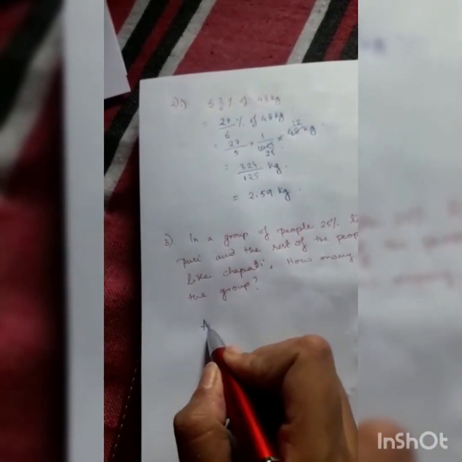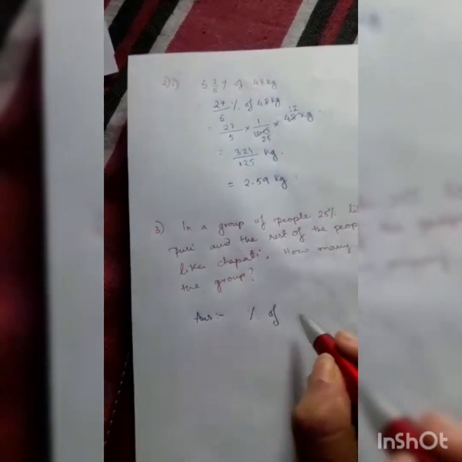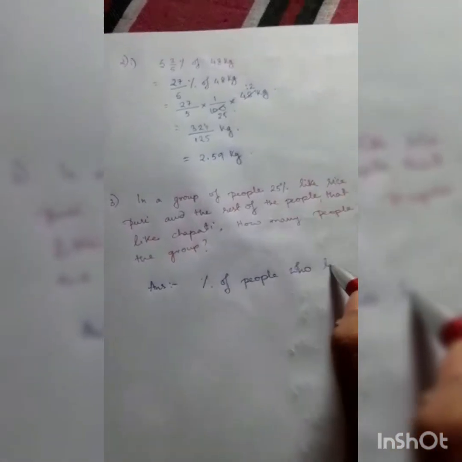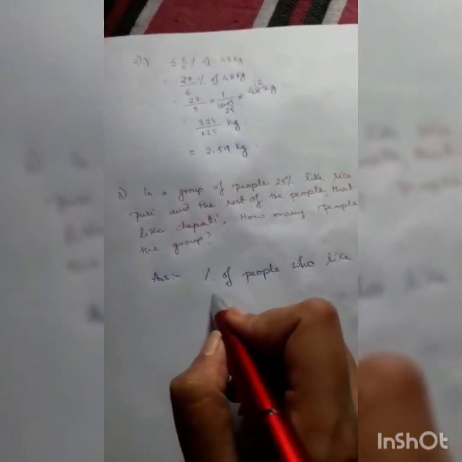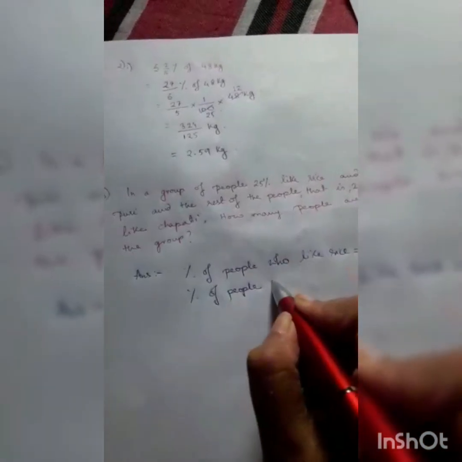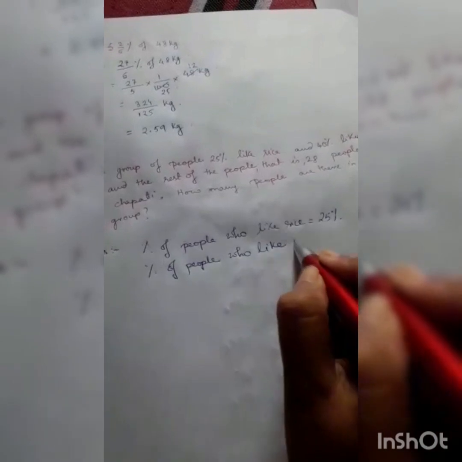So what we will do is, first write down the percentage of people who like rice. Next, the percentage of people who like puri.